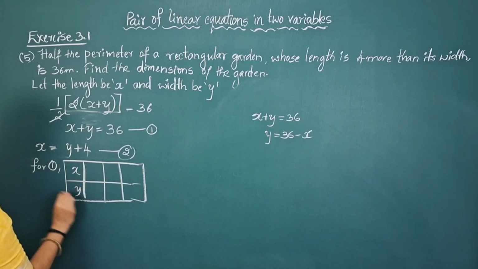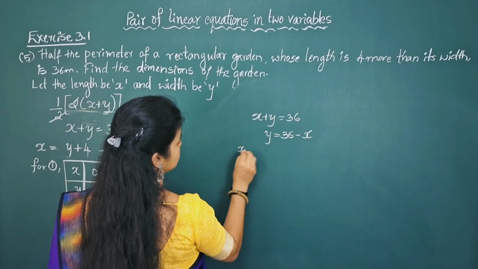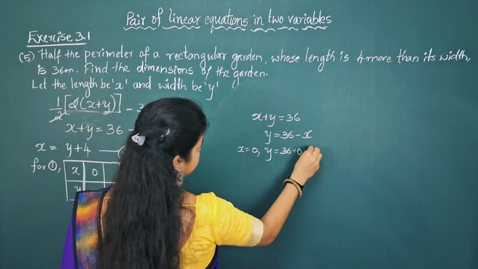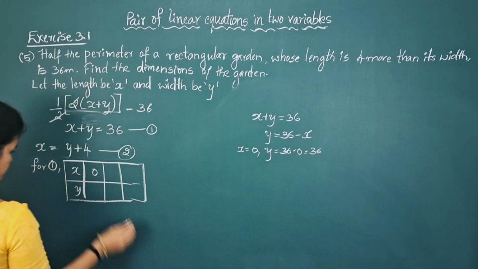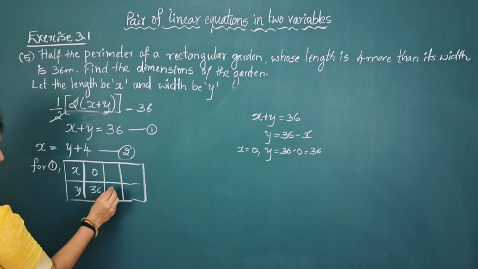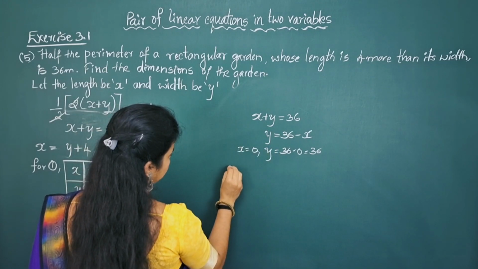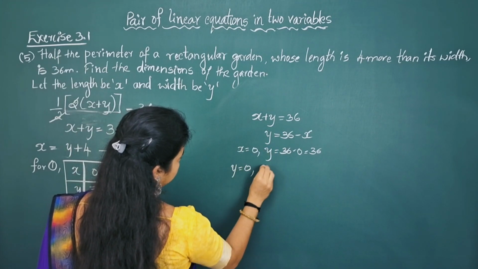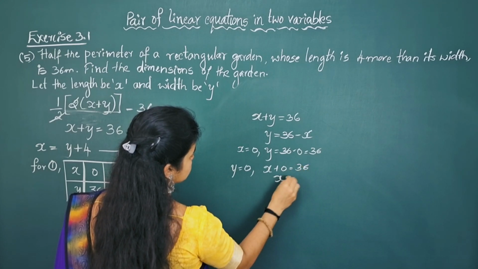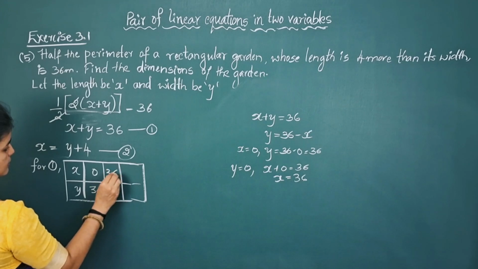When x is 0, the value of y is 36 minus 0, that's equal to 36. ಇಲ್ಲಿ y ಅಂದ್ರೆ 36 ಆಯ್ತು. Now when y is 0, x plus 0 is equal to 36, so you get x is equal to 36. y 0 ಆದಾಗ x 36 ಆಯ್ತು.